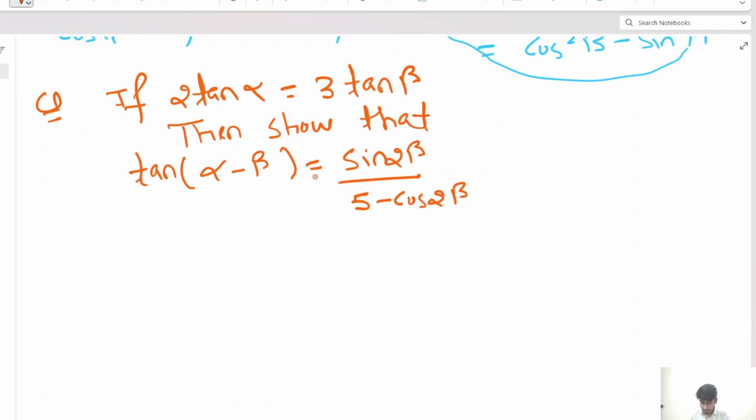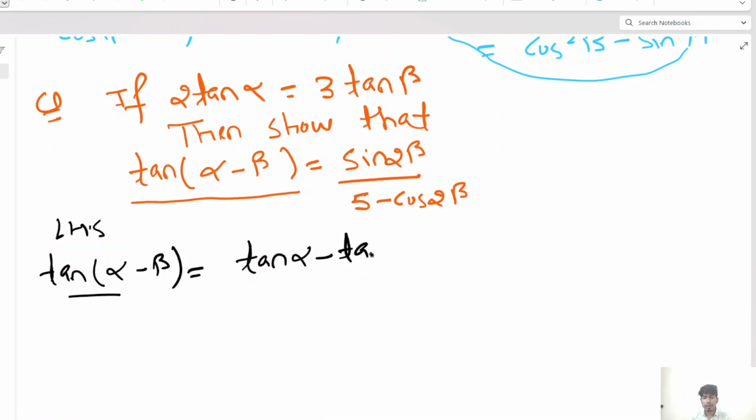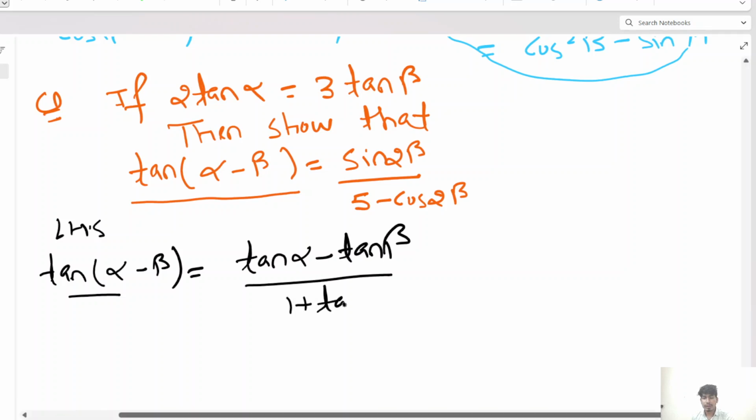So simply we solve the LHS, tan of alpha minus beta. Then we use tan of a minus b, this is tan a minus tan b upon 1 plus tan a tan b, meaning tan alpha and tan beta.